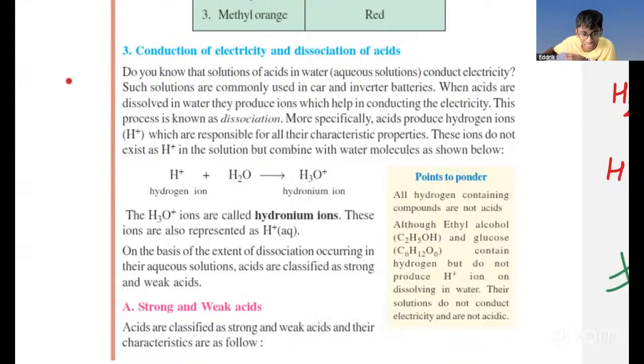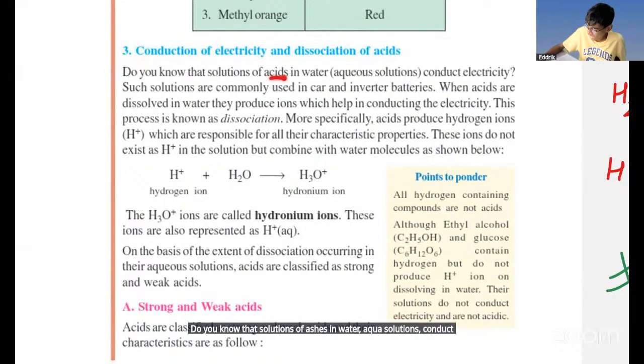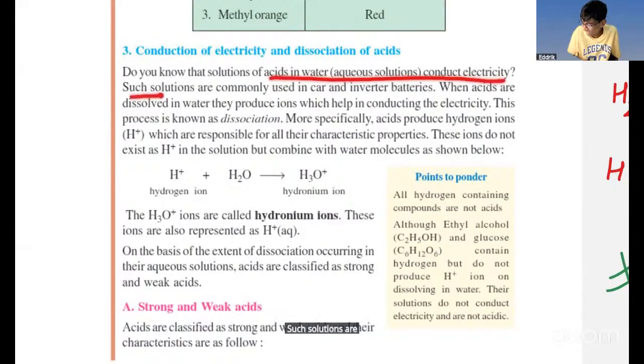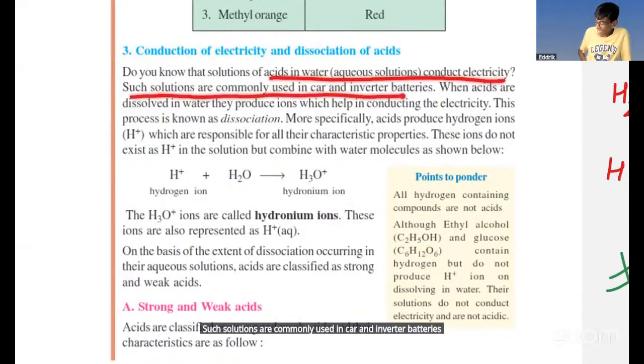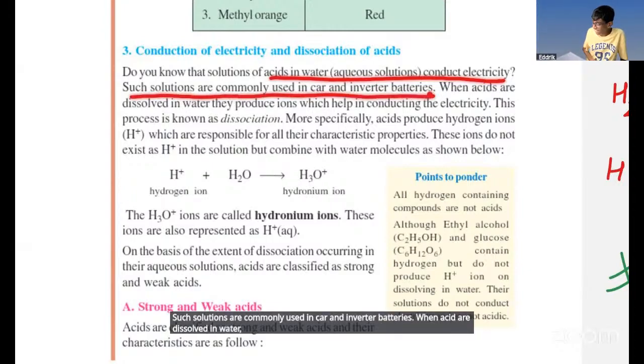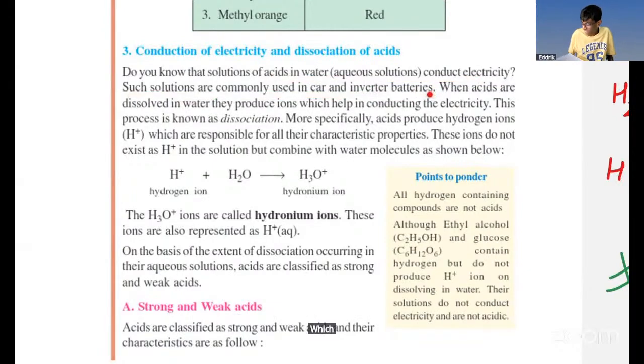3. Conversion of electricity and dissociation of acids. Do you know that solutions of acids in water, aqueous solutions, conduct electricity? Such solutions are commonly used in car and inverter batteries. When acids are dissolved in water, they produce ions which help in conducting electricity. This process is known as dissociation.